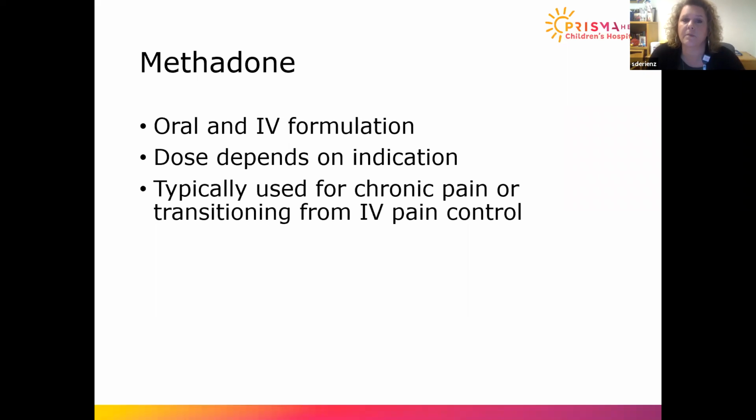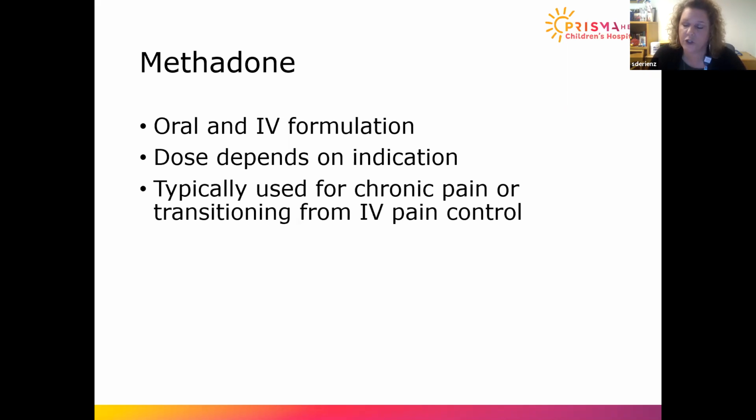And then lastly, I just want to mention methadone. Methadone is a drug that you will see more in the Children's Hospital as that transition up in the PICU, when patients have been on pain and sedation for quite a while and they transition them to methadone to prevent withdrawal. But it can be used in chronic pain management, so it's not something that needs to be forgotten about.